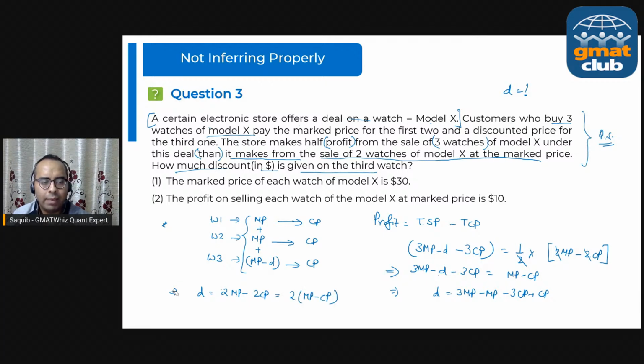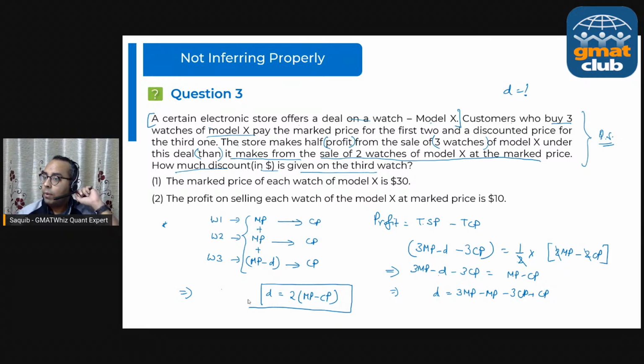Now look at this, and I want some of you to help me out here. Tell me what inference you can draw from here before going to the question stem. To find out D, what do I need? It might look very obvious from what is given on the screen, but I want you to say it aloud.